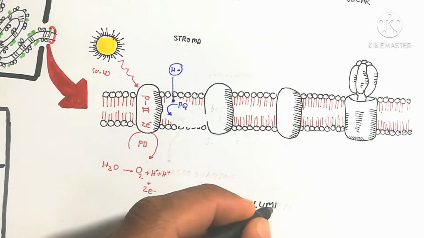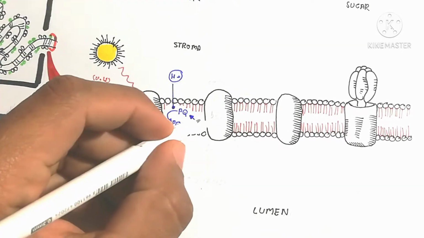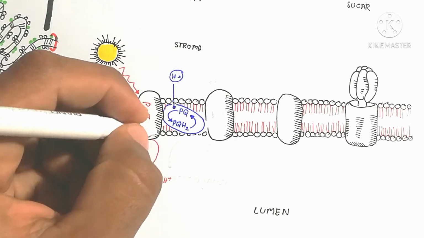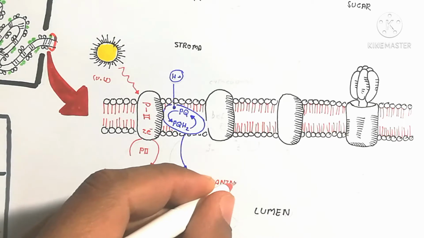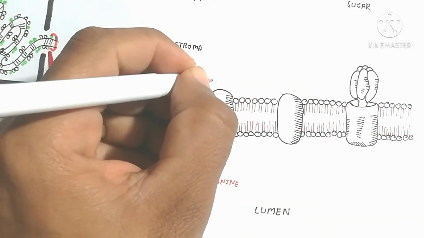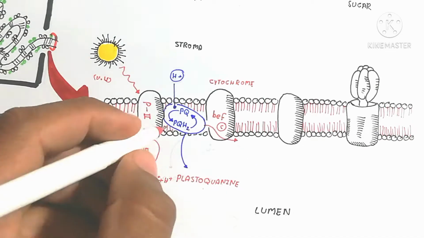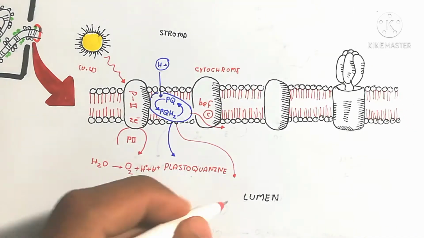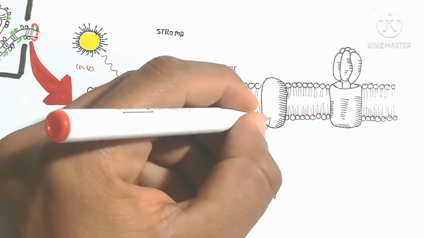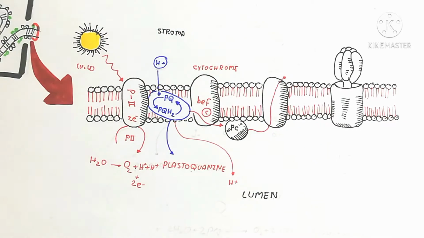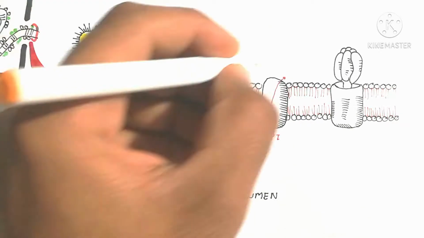Here you should remember plastoquinone, the protein which binds with hydrogen ions, two protons and two electrons. When the protons go down into the lumen, the electrons further enter the cytochrome b6f complex, and then are accepted by plastocyanin, which passes them on to photosystem 1.